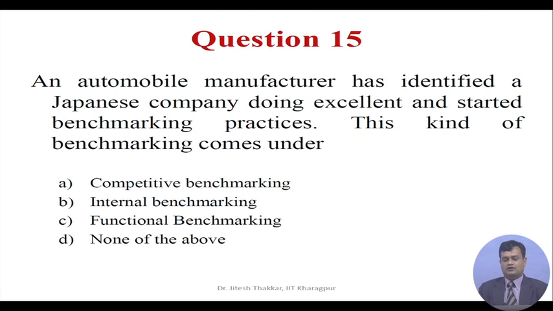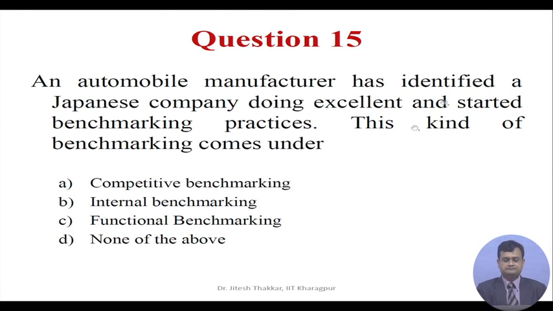Now, an automobile manufacturer has identified a Japanese company doing excellent and started benchmarking practices. This kind of benchmarking comes under competitive benchmarking, internal benchmarking, functional benchmarking, none of the above?